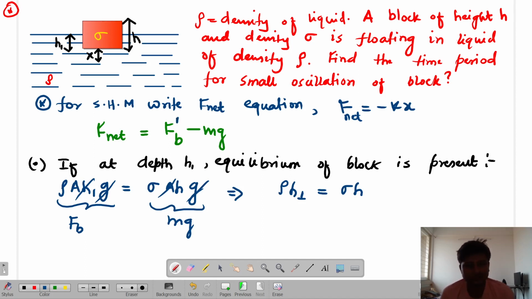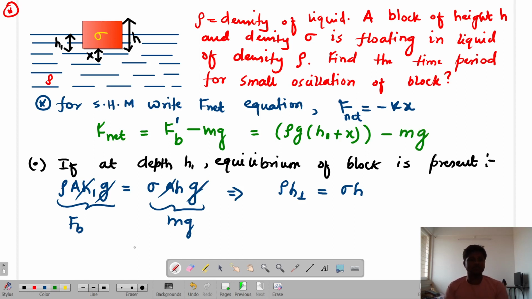But what is Fb dash? Simple. That is rho g into h1 plus x, isn't it? Force of buoyancy, but that minus mg is my net force equation.